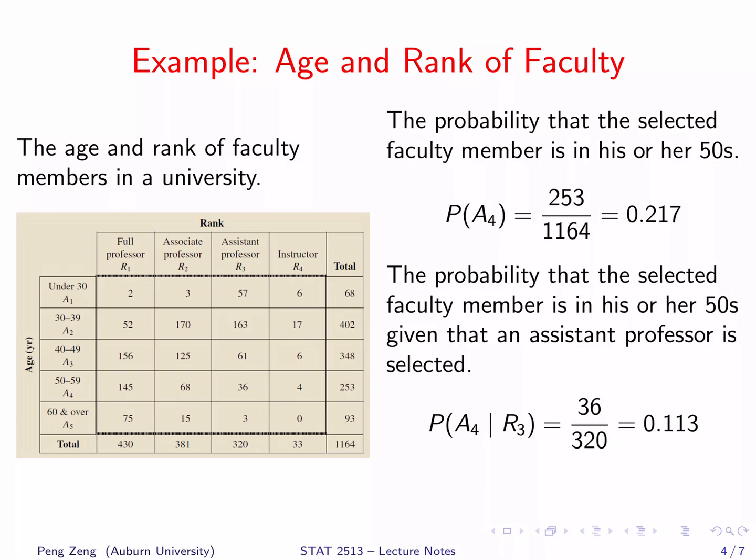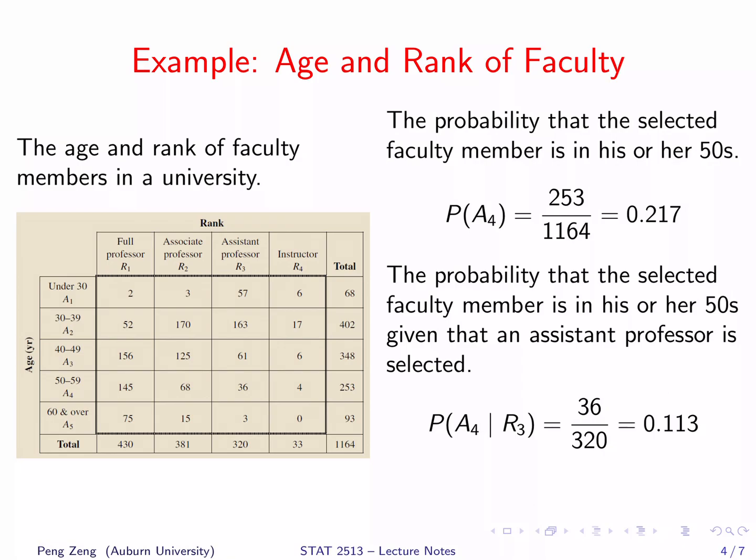What is the probability that the selected faculty member is in his or her 50s, given that an assistant professor is selected? This question asks for a conditional probability. Pay attention to the word given, which hints that it is a conditional probability, because the faculty member must be an assistant professor.